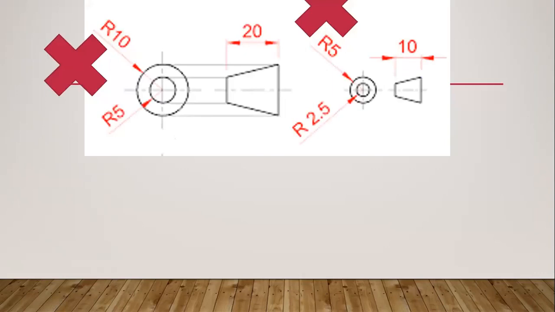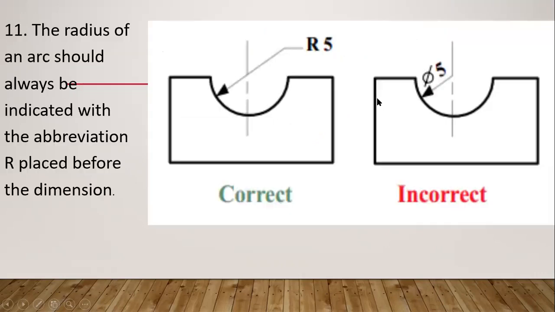So you can see clearly, in this projection over here, we have circles as well. It is wrong to indicate the radius of the circle. The right thing is to indicate the diameter of the circle. Over here we have radii.